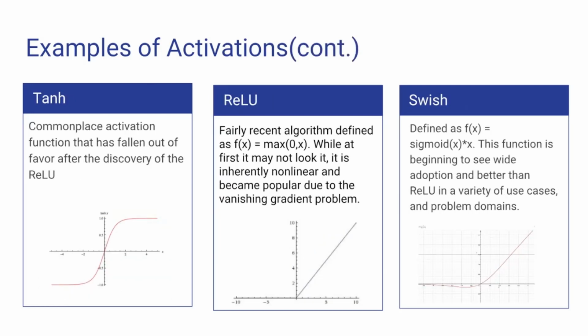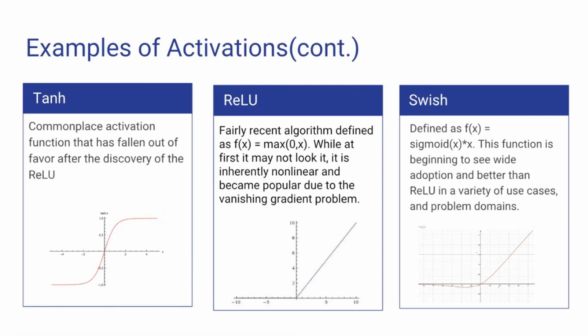So a few more examples. We have the TAN that I briefly mentioned a bit earlier. It was quite common for a long time. It had properties that led to better convergence than using a sigmoid in your hidden layers. But with the rise of other activation functions, mainly ReLU, TAN really fell out of favor.